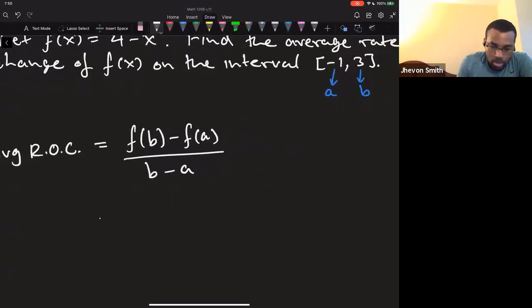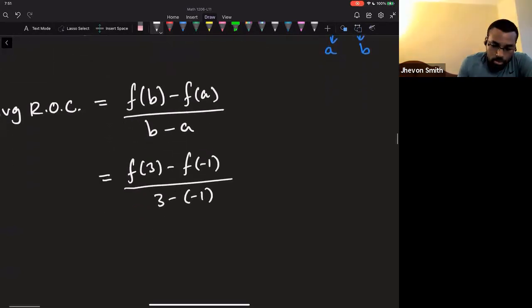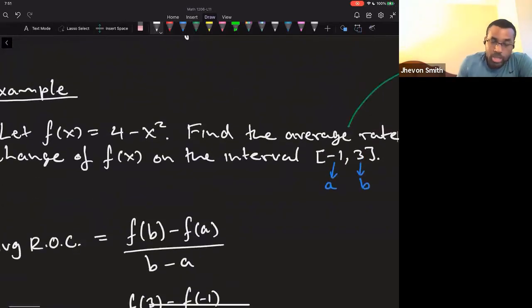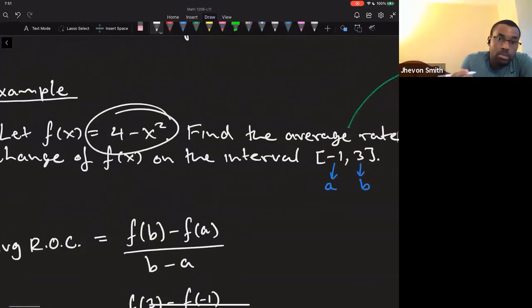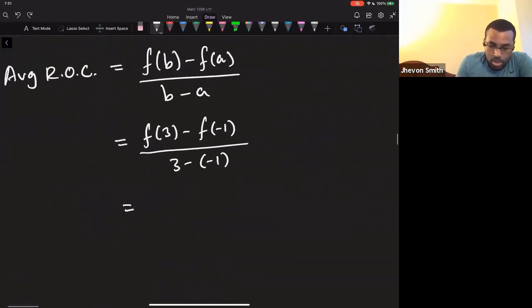So that's actually f of 3 minus f of -1 over 3 minus -1. So what is f of 3? Well, this is our f here, so I'm going to plug in 3 into that. So this is 4 minus 9. Well, it is 9, but let me write this as 3 squared.